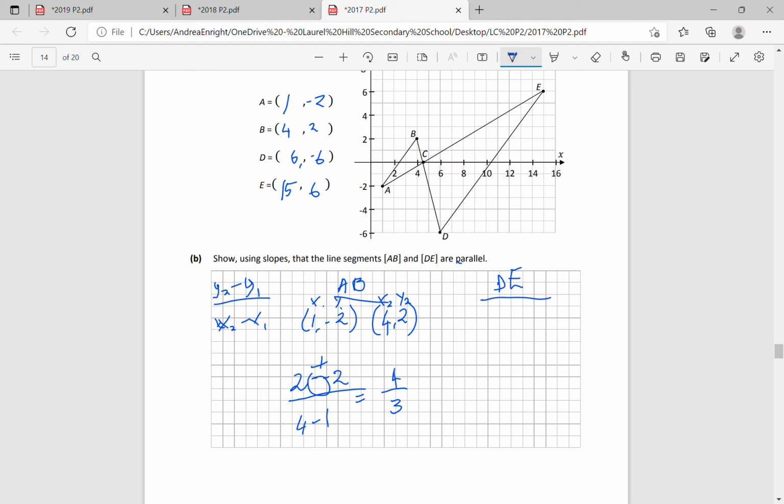Okay, and then for DE, I'm using 6, -6 and 15, 6 as x1, y1, x2, y2. So it's 6 minus -6 all over 15 minus 6, into the calculator, and you'll get 4 over 3.